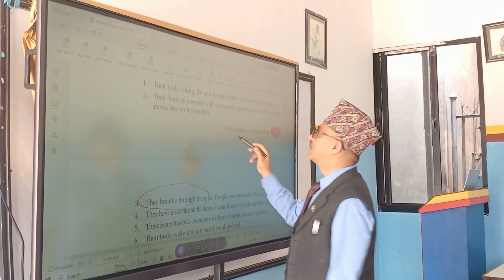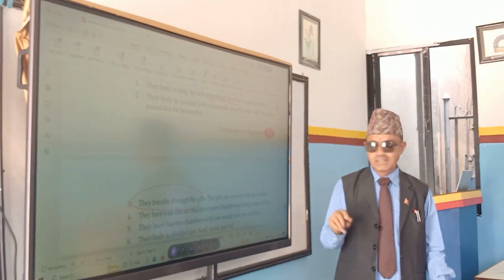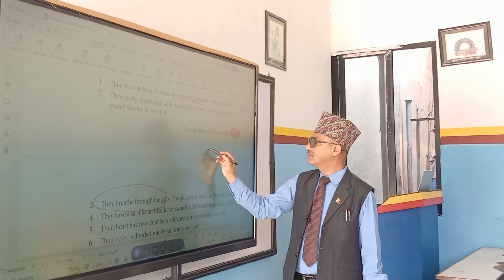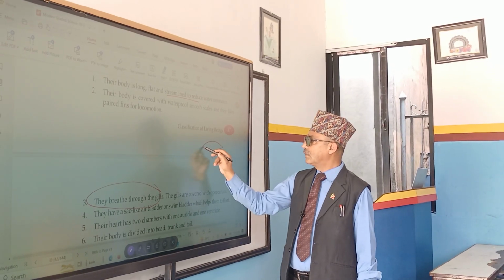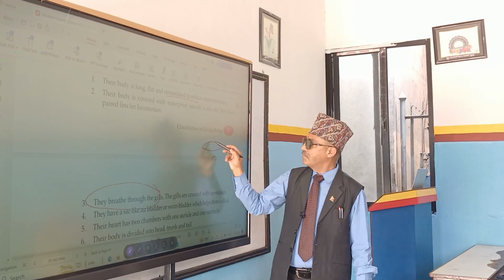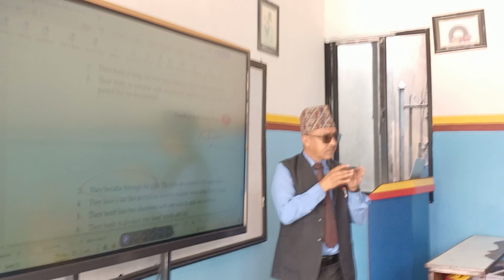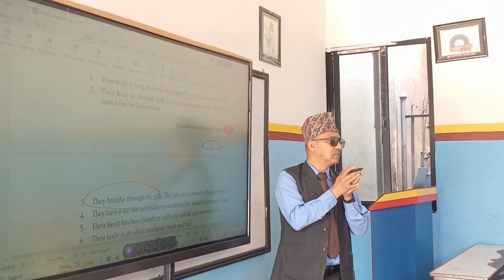And their body is streamlined. Streamlined means both ends are pointed. See, anterior portion and posterior portion pointed, but middle portion is flat, wide, so that they can cut the water pressure and swim easily.